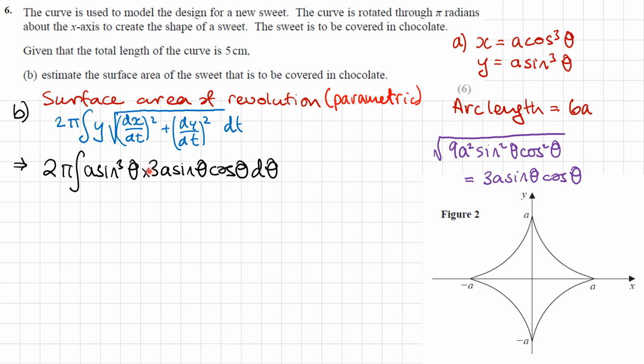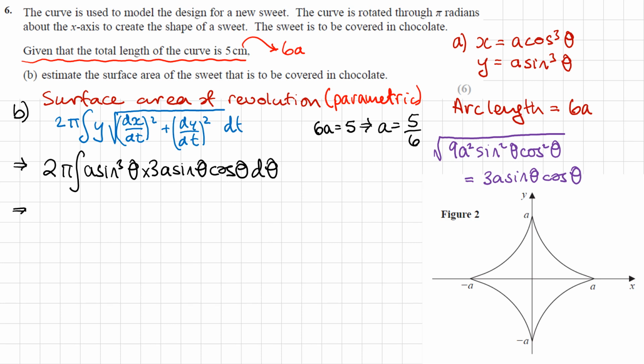Now we've got these a's, we can actually work out a because it says given that the total length of the curve is 5 centimeters, and we worked it out in part A as 6a. So using that we can work out what a is. So 6a is equal to 5 centimeters, which means that a is equal to 5 over 6.